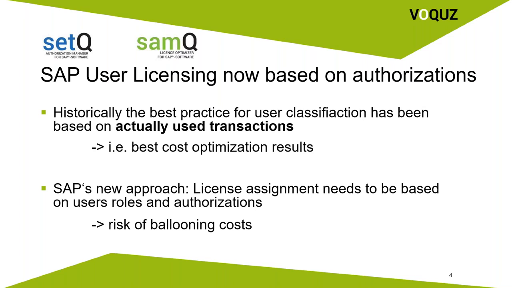Around 2012, they already changed the language in the contracts. By then, the contract said you need to assign the license based on the authorizations. But up to basically this year, all audits were still performed on actual transactions performed, so on actual usage. Of course, if you assign the licenses based on actual usage, that is the best optimized result you can get, because authorizations can be wider than what you actually do.